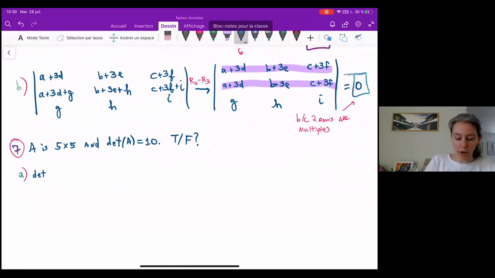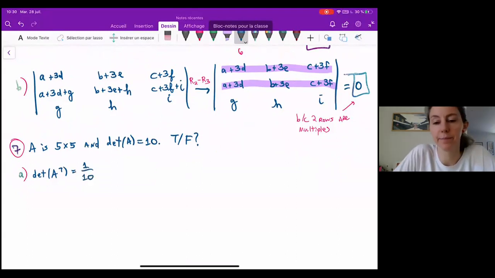And then this is true, false. The determinant of A transpose is equal to 1/10. Is that true or false? I actually just answered this question in words a few seconds ago. So is this going to be true or false?